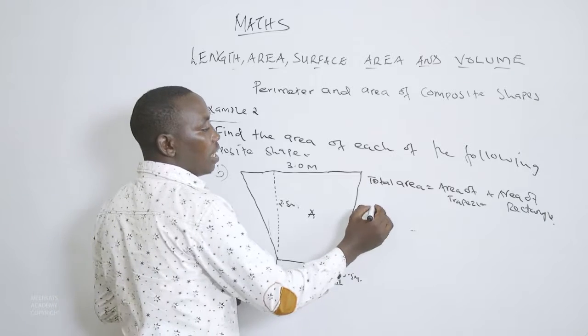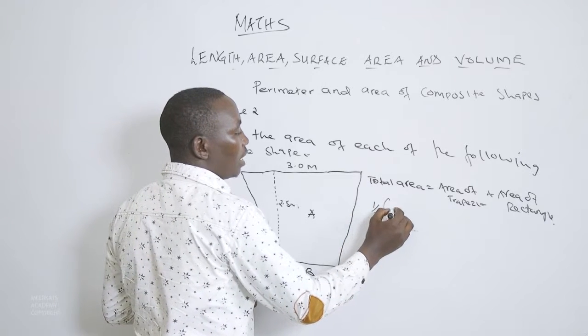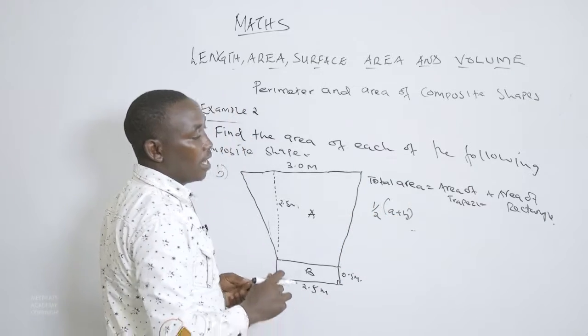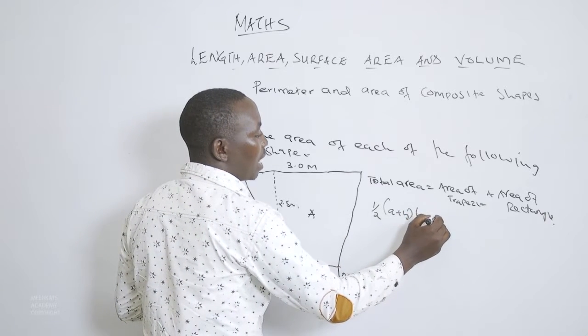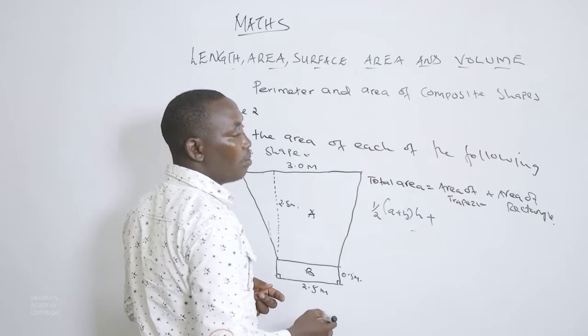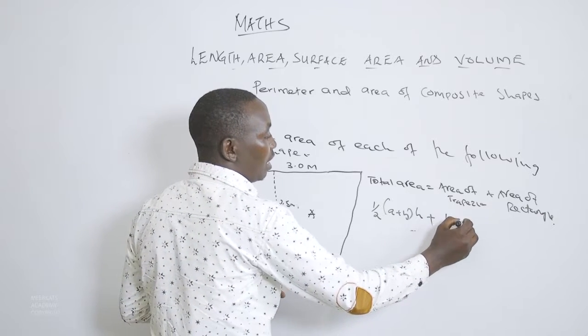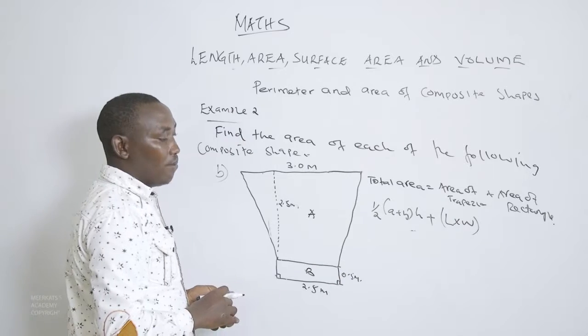Area of the trapezium is normally given by a half into A plus B, those are the parallel opposite sides, multiplied by H, or the height, plus area of a rectangle will be given by the length multiplied by the width.